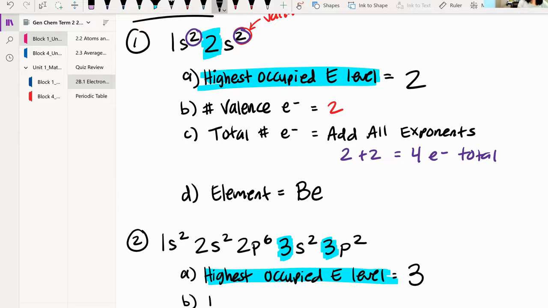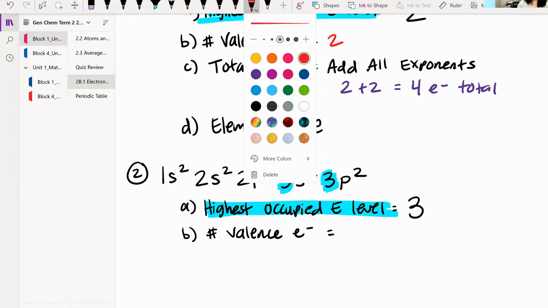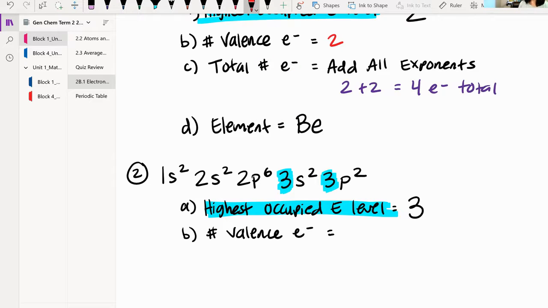Question B, number of valence electrons. Remember, valence electrons are those electrons in the highest occupied energy level. So I have highlighted here that energy level number 3 is the highest. I have 2 electrons inside of 3s, and I have 2 electrons inside of the 3p.